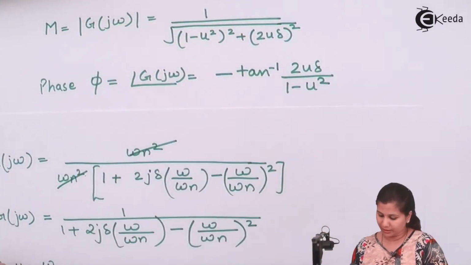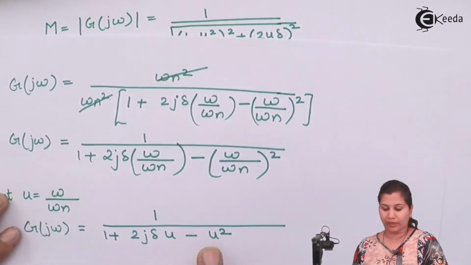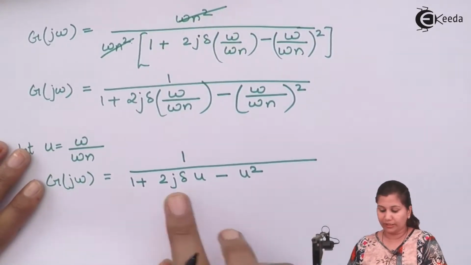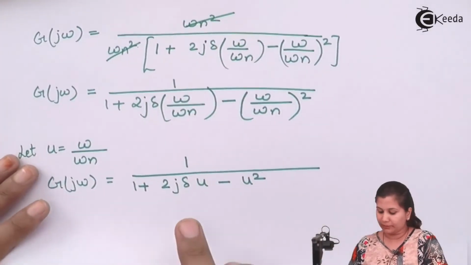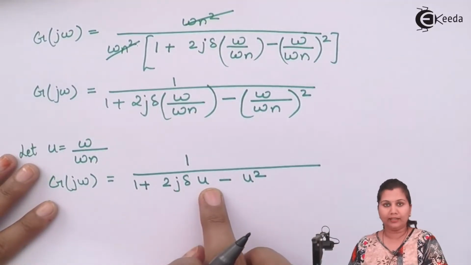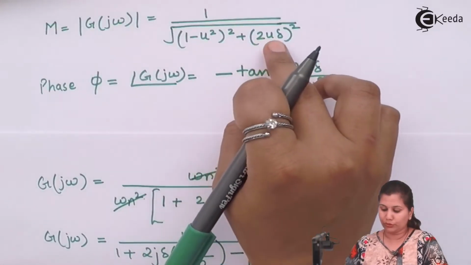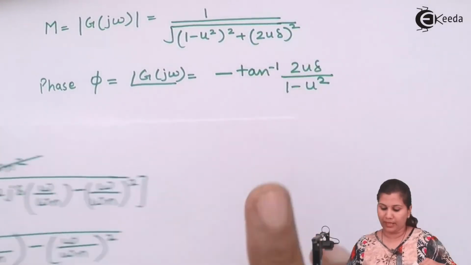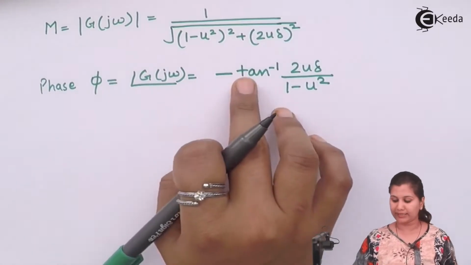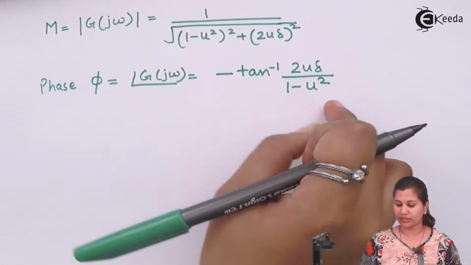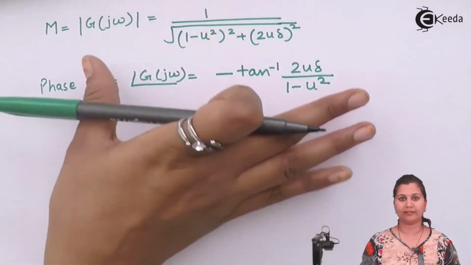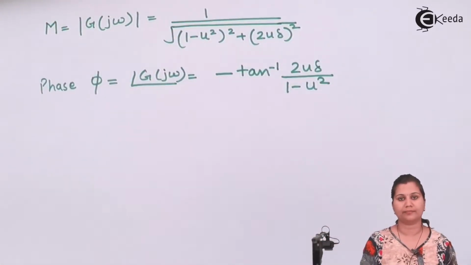The real part is 1 minus u square, so we have the real part squared, (1 minus u square) whole square, plus the imaginary part, which is 2 delta u, so (2 u delta) square. And the phase angle is minus tan inverse of the imaginary part upon the real part. So this is the magnitude and phase angle of this transfer function.